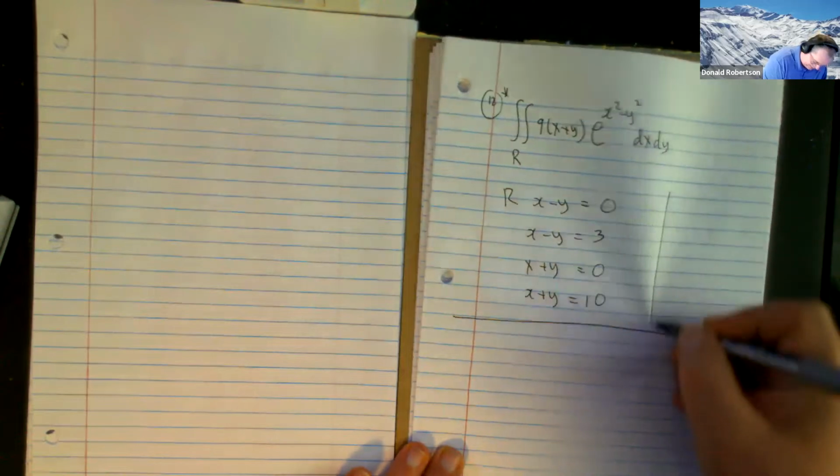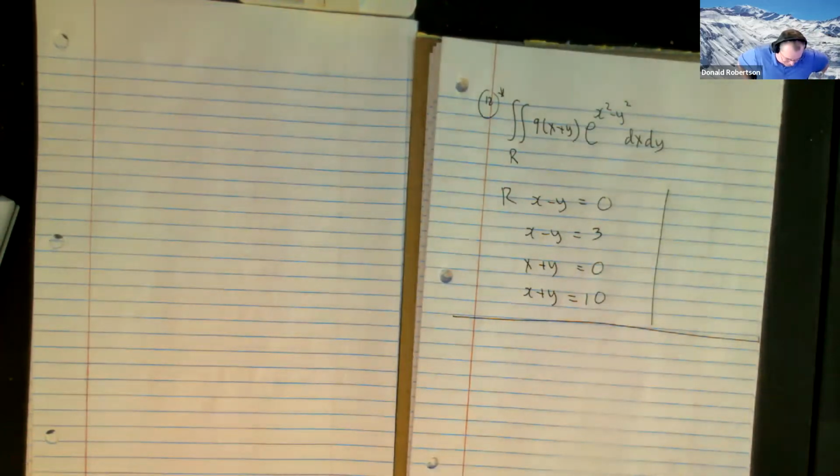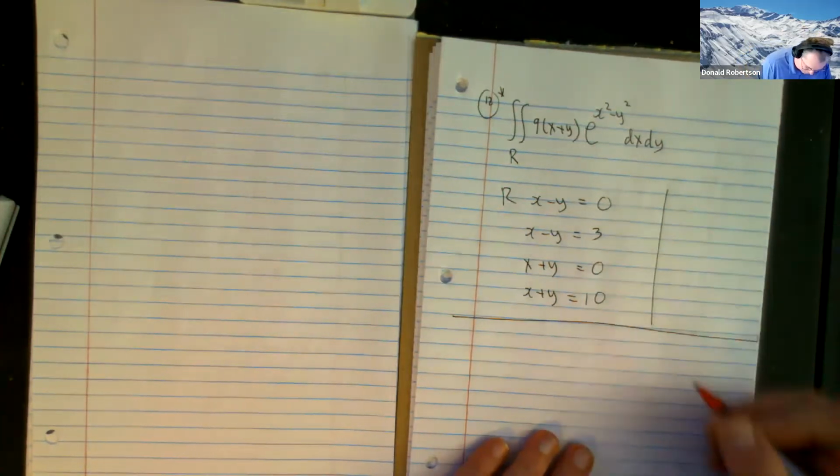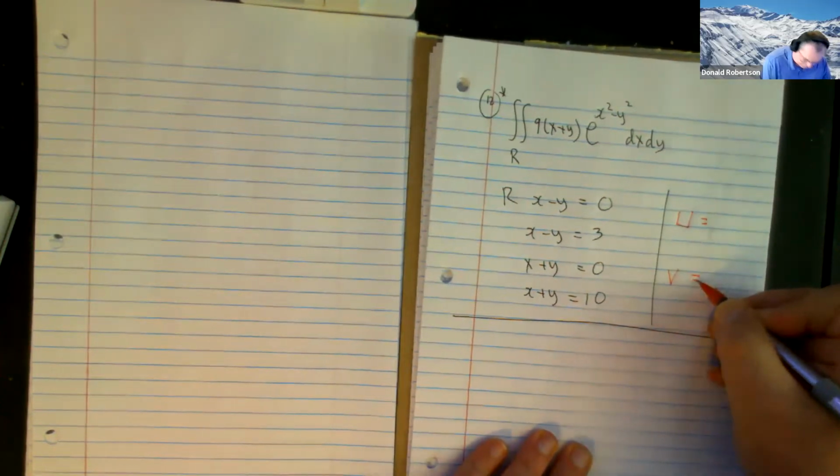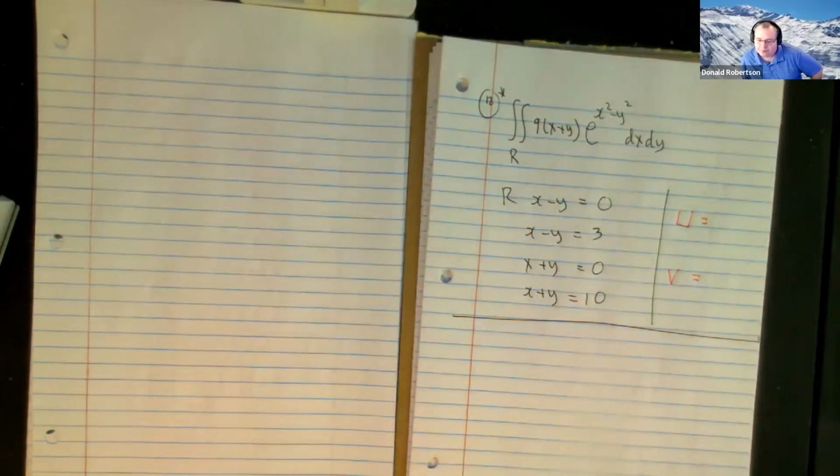And again, we need to figure out who is U and who is V. I think this one should be easier than the first time I asked you, because if you look, it's a very similar situation.